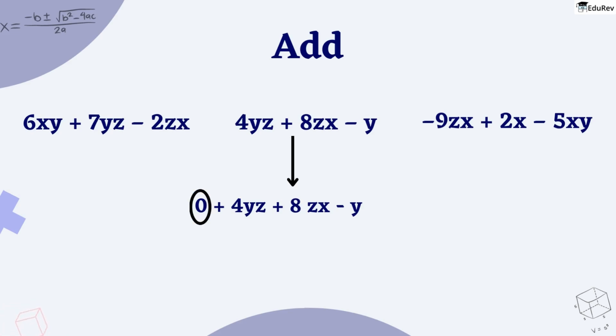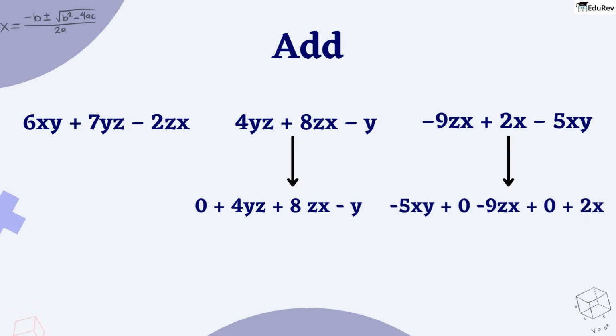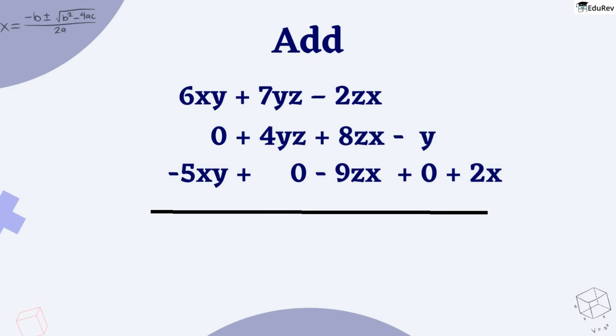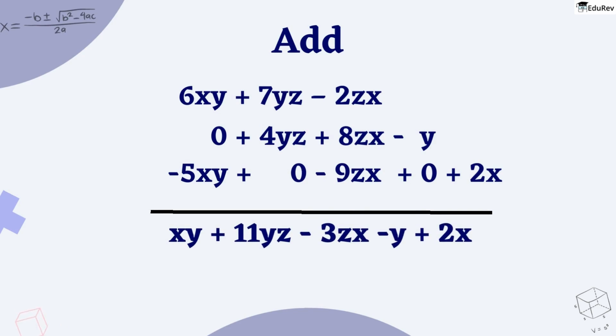We added this 0 because we do not have any value with the same variable as xy. Similarly, we rearrange the third expression and write it as -5xy + 0 - 9zx + 0 + 2x. Now we add these expressions and we get xy + 11yz - 3zx - y + 2x.